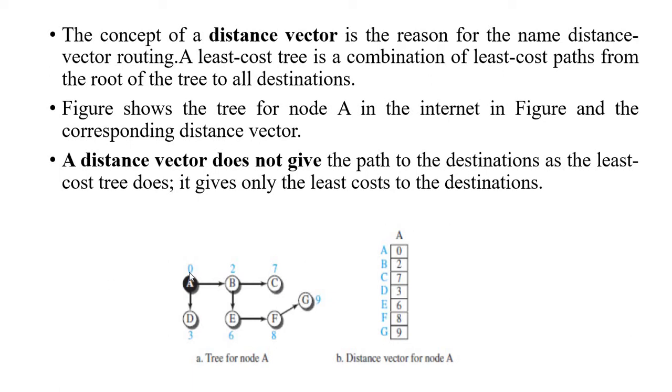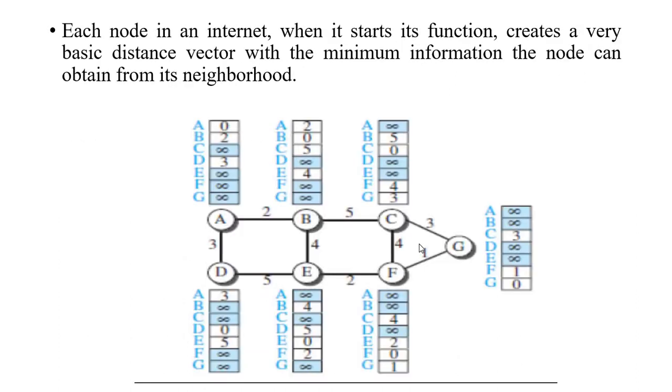So 6 means here 2, here it is 4, so 2 plus 4 is 6. Then again here it is 2, so 6 plus 2 is 8. So now we can say the overall cost to transfer a data packet from node A to F is 8. Like this, for whatever network is available, we can form the distance vector.